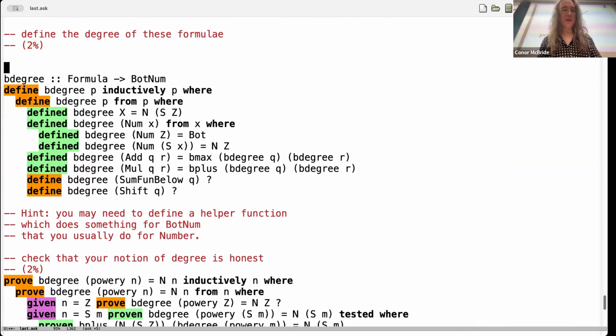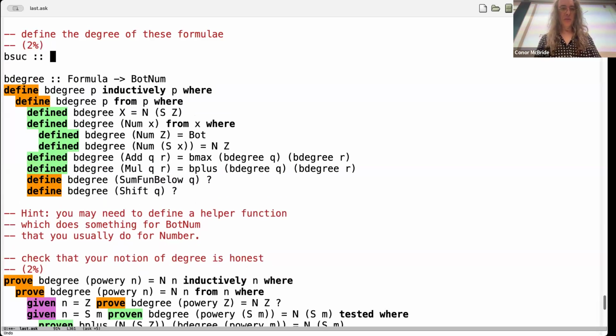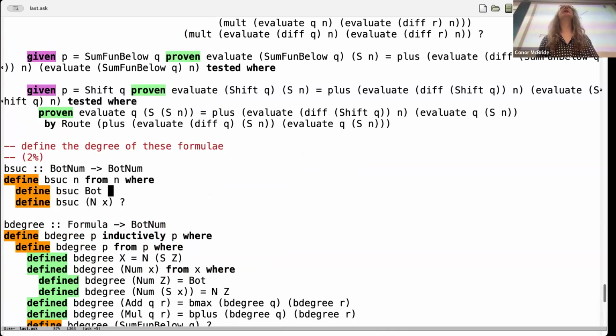My inclination would be to define B suck. If only my fingers worked. I think this is clean. And crucially, adding 1 to minus infinity does not get you anywhere.